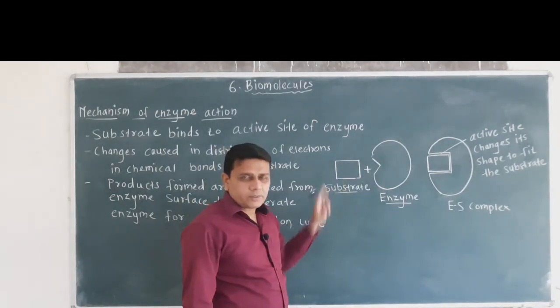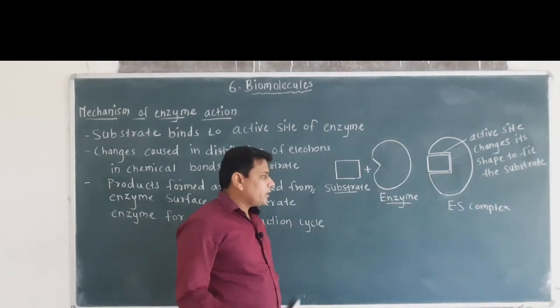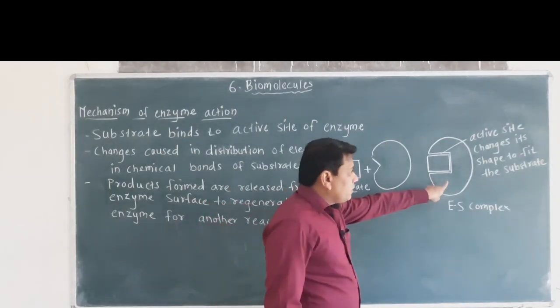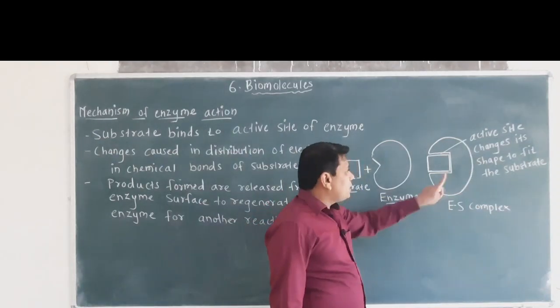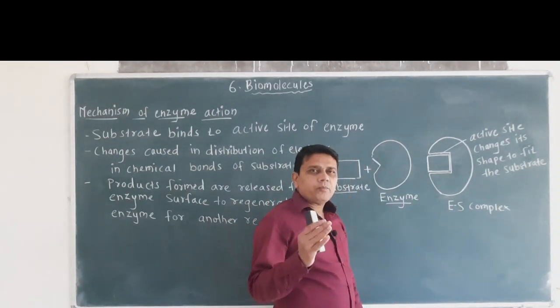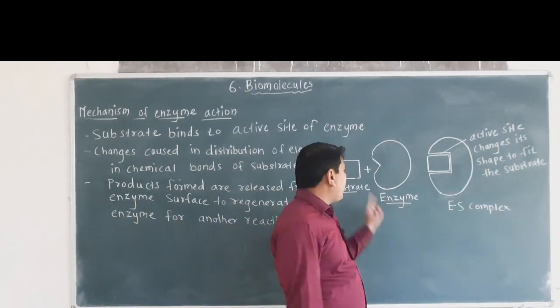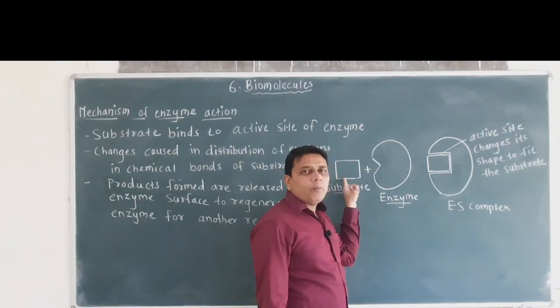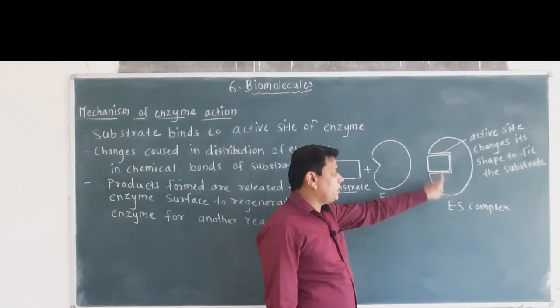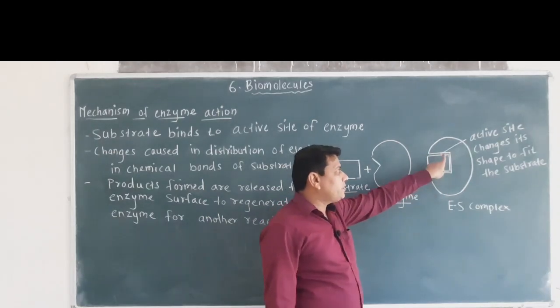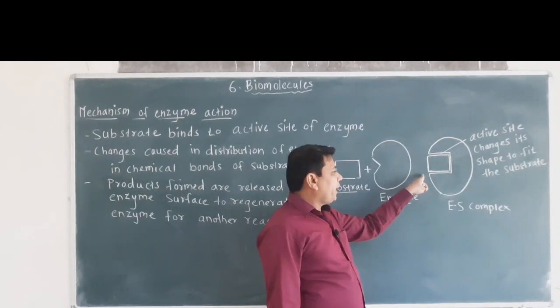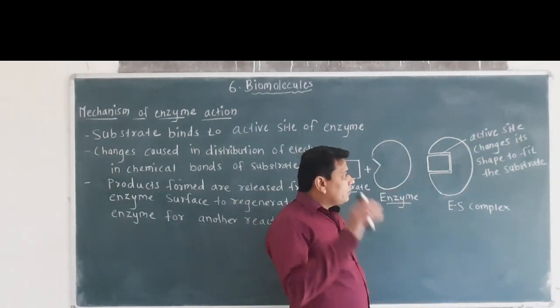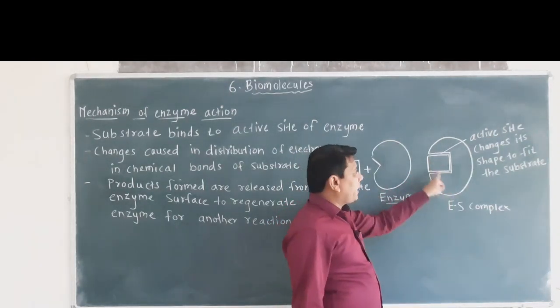They are of different shapes, but the enzyme changes the shape of its active site according to the shape of the substrate. Here we can see that the enzyme has changed the shape of its active site and substrate fits in the active site.